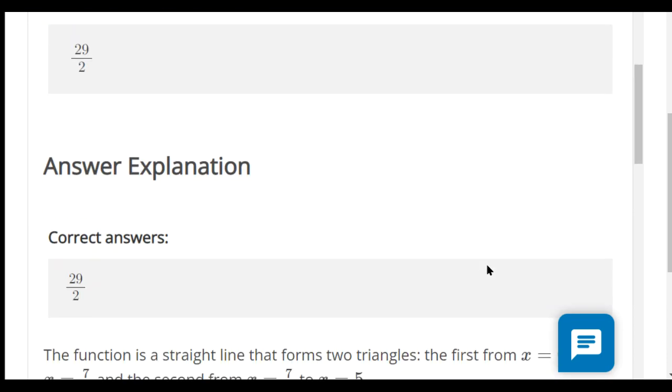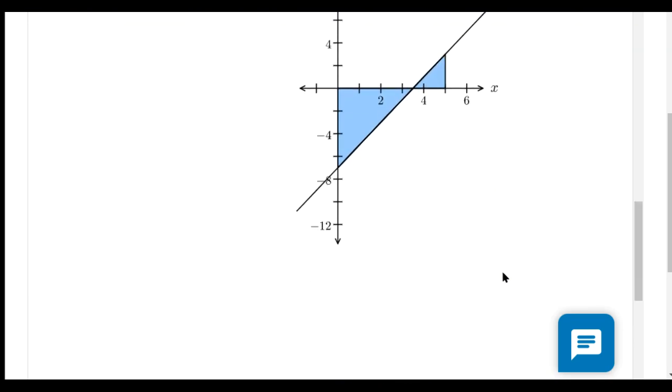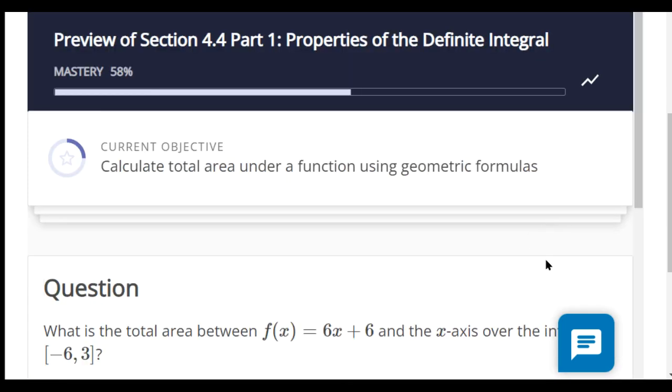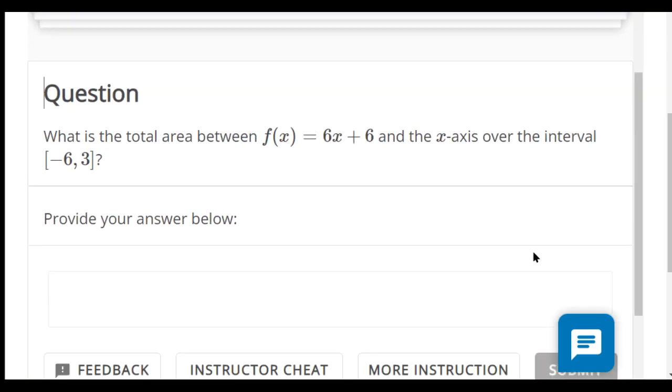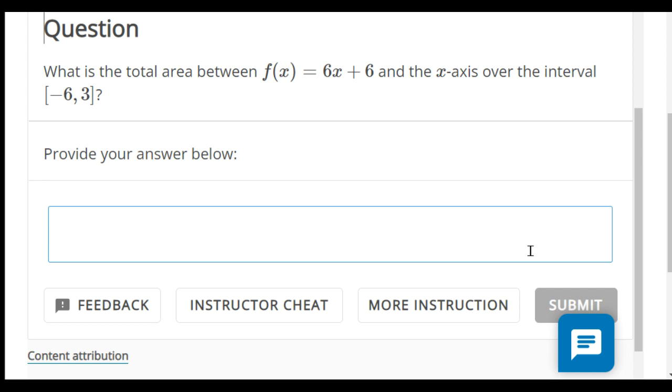Cool. Okay. And we could have done that with the fundamental theorem of calculus, but I guess we'll wait until we have to.